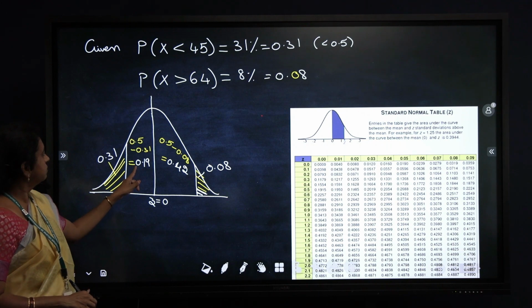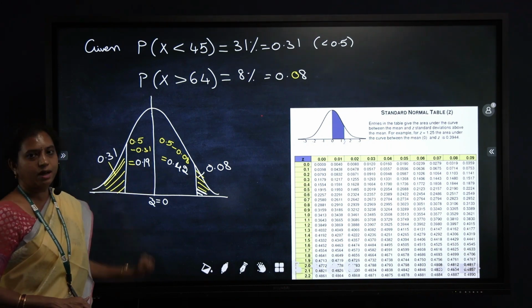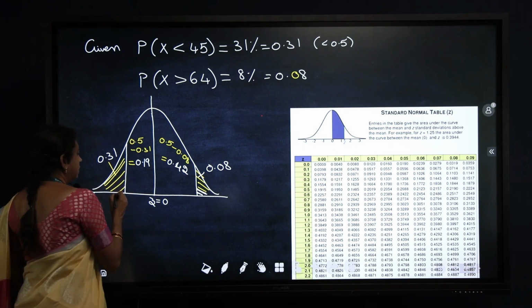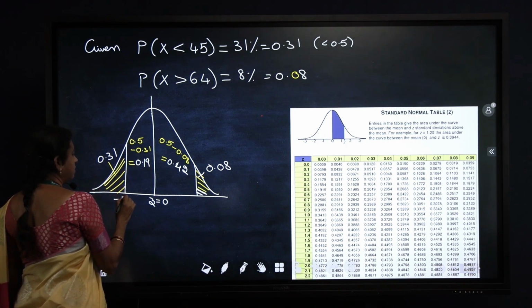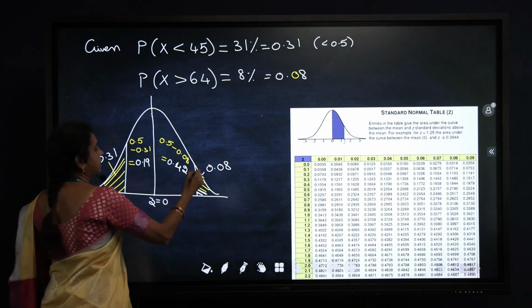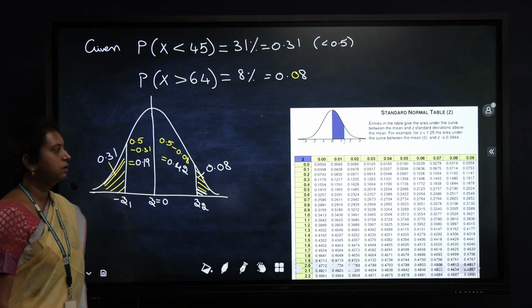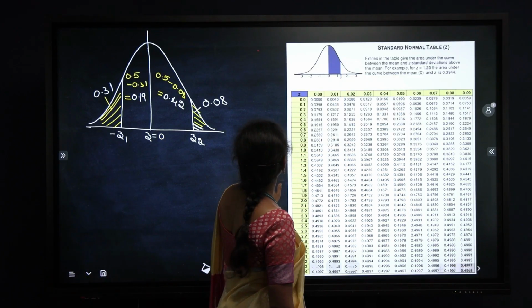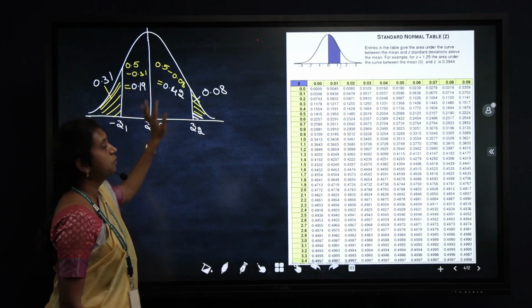Now since this area is known, we will find out the corresponding z values. Since this area is covered on the left side, here we'll take the value as minus z1, and here we'll take the value as plus z2. He has given the areas as 0.19 and 0.42.